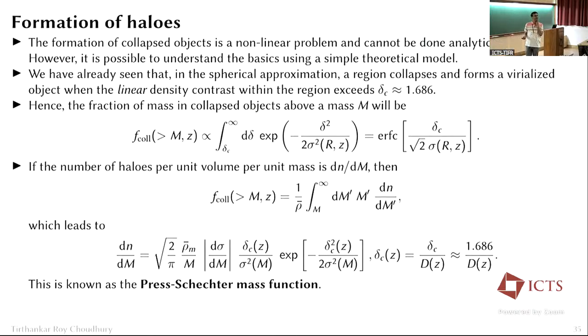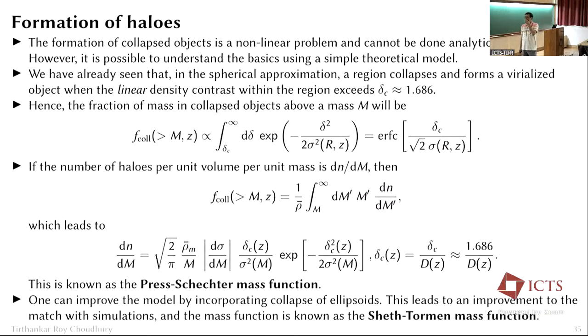This was done in the 70s by two people called Press and Schechter. So this formula is often known as the Press-Schechter mass function. It is still very widely used. You can imagine that this was done using extremely idealized scenarios like spherical collapse. Later on, people have gone ahead and made these calculations much more sophisticated.